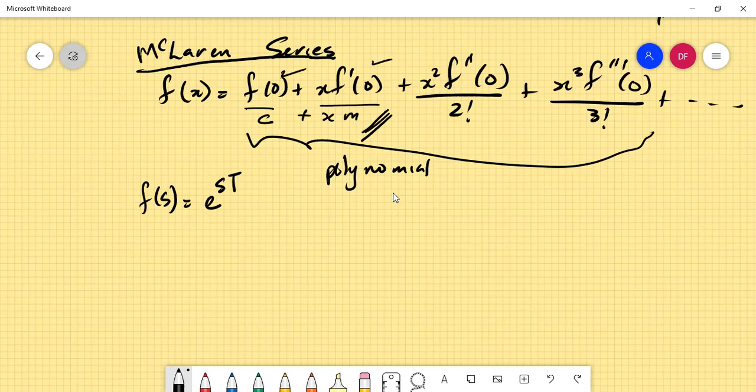So we're going to find f of 0, which is 1. When you plug in 0 here, anything raised to the power 0 is 1.